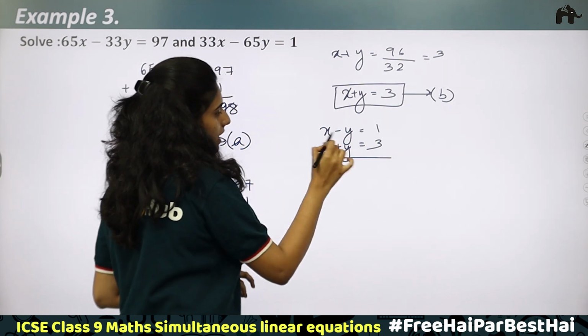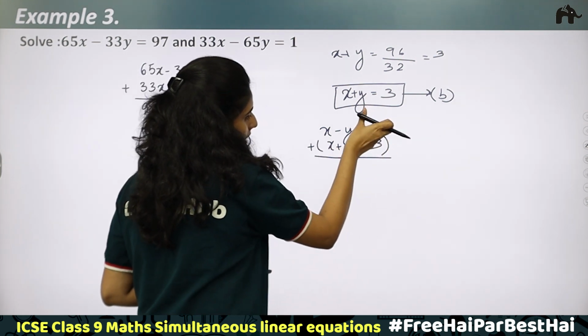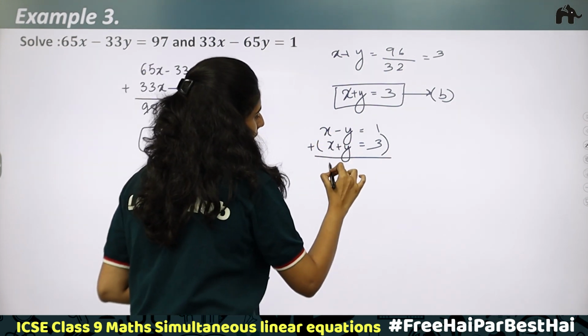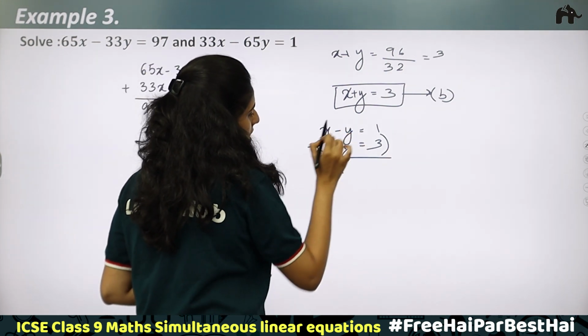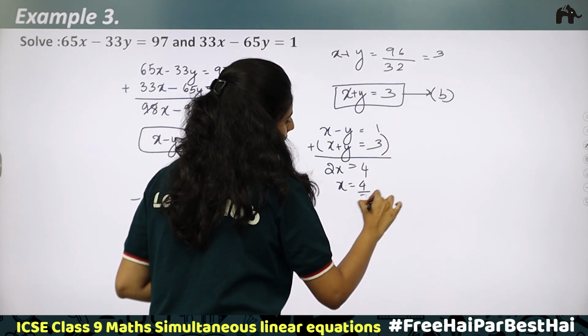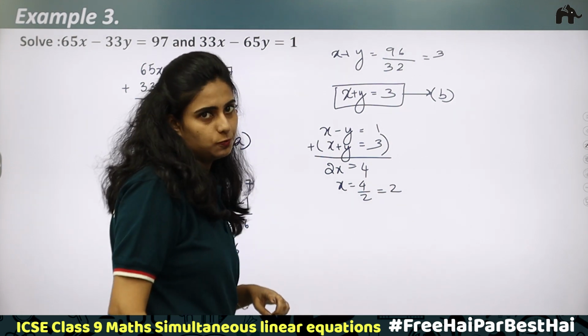Okay. So, here we can add first the equation A and equation B. What do we get? x plus x is 2x, minus y plus y 0, 1 plus 3, 4. So, x is equal to 4 divided by 2, which is equal to 2. Okay.